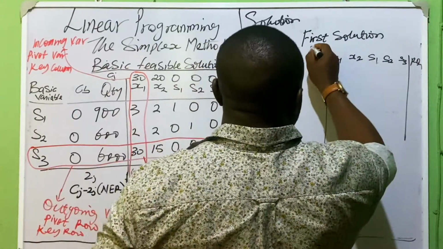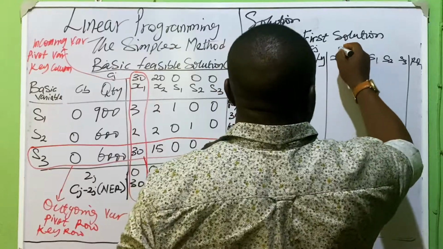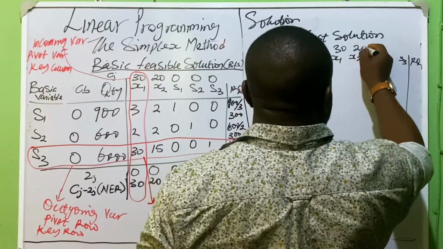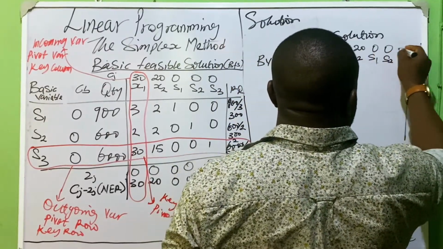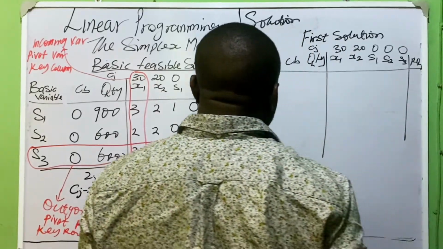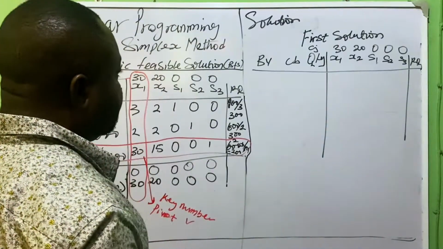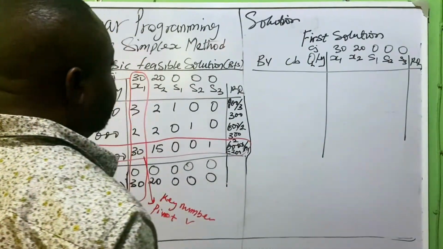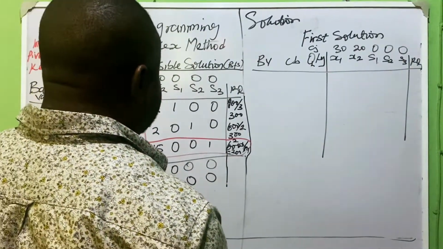Then the CJ values, which are the coefficients 30, 20, 0, 0, 0. Now we're going to bring in our values.